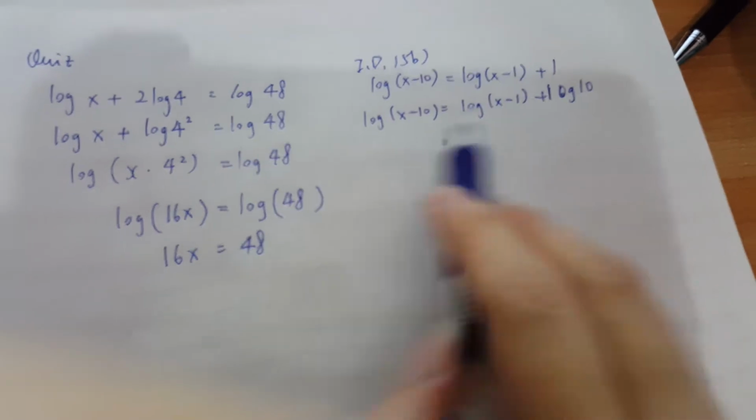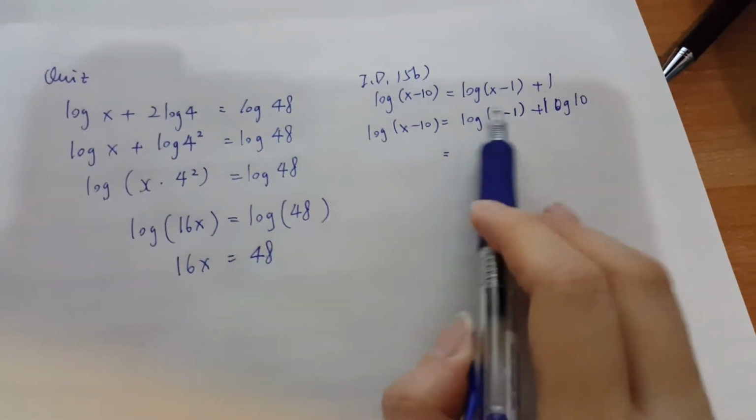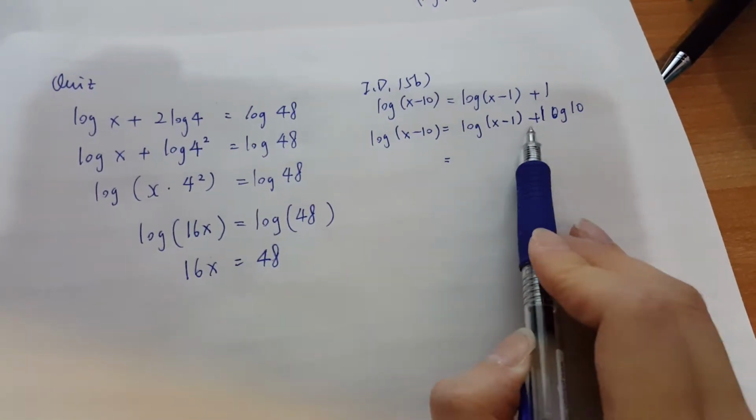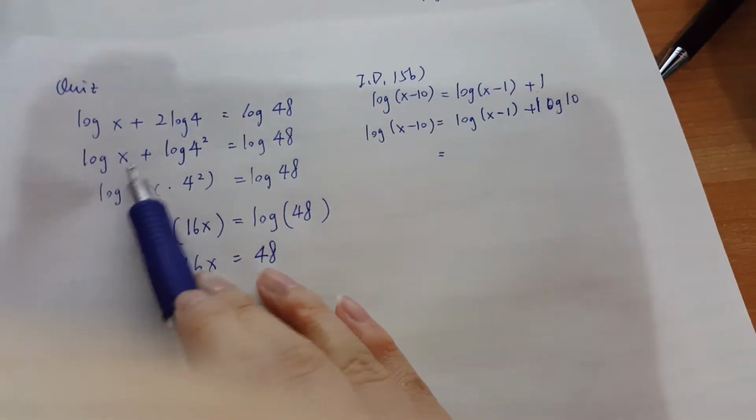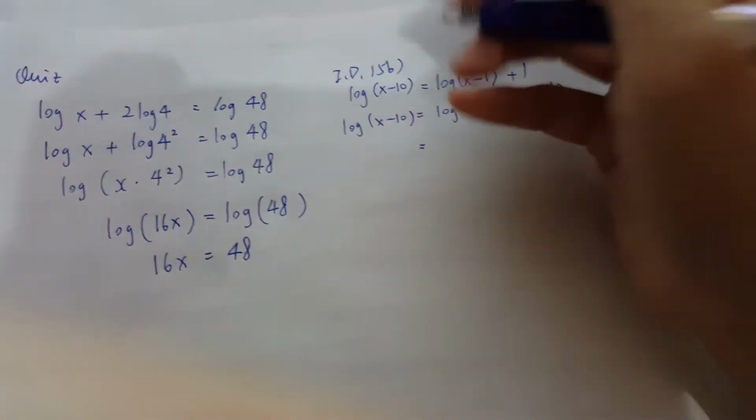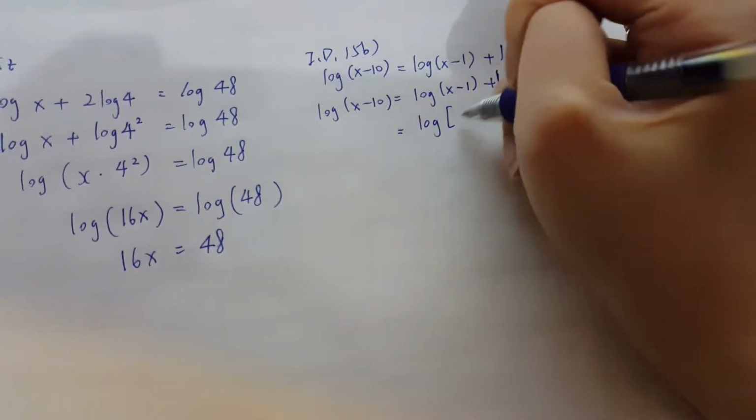And then similar to here, log something plus log something. Log something plus log something. Then you can change it to multiplication.